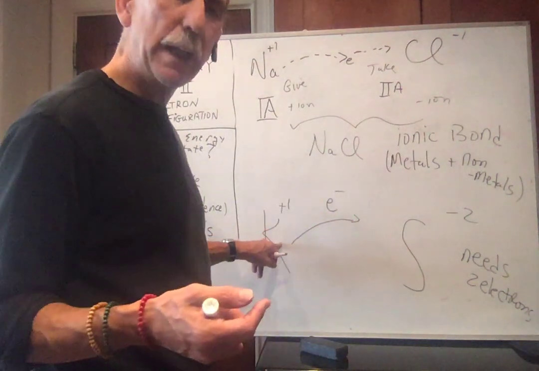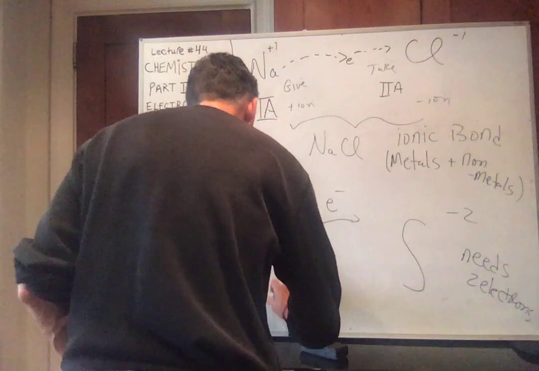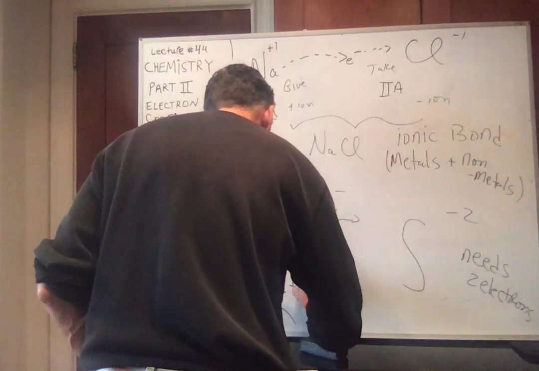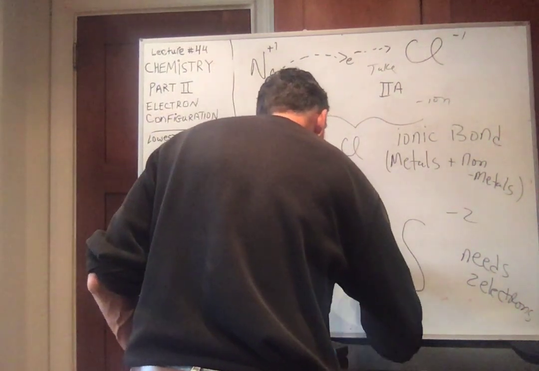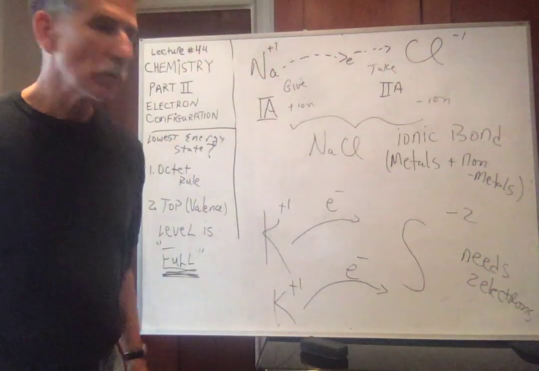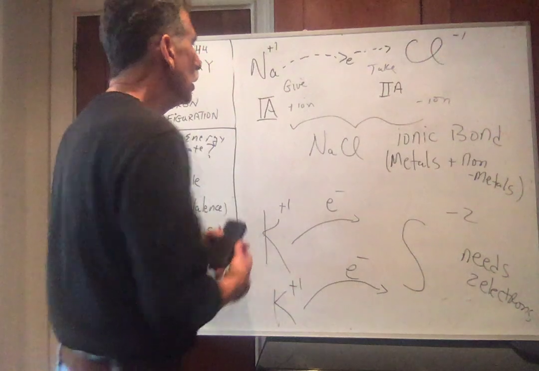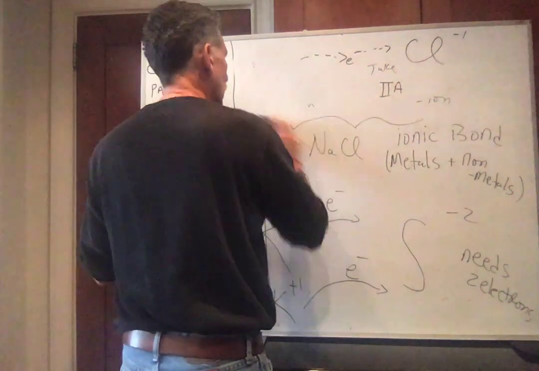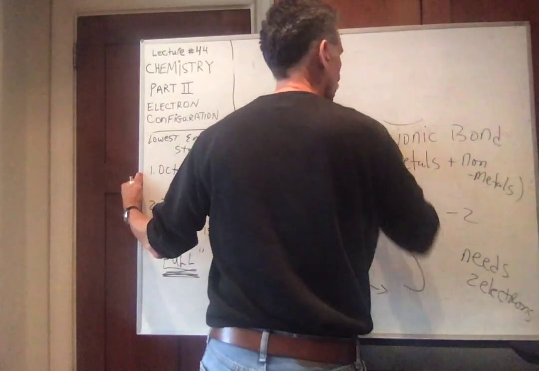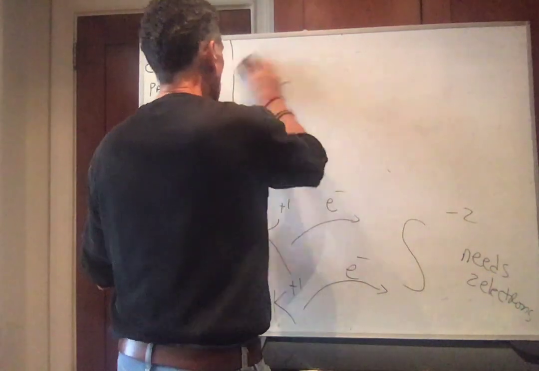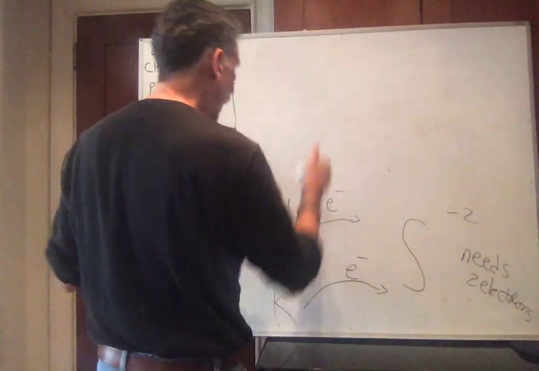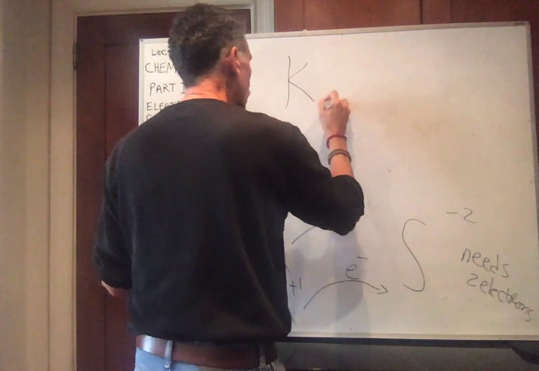Well, one potassium cannot. But if we take two potassiums, each gives an electron, and sulfur needs two electrons. So our formula then would be this. Two K's we'd write as K2S.